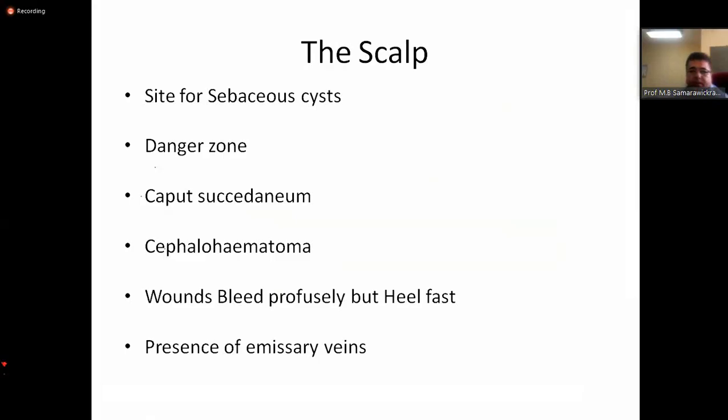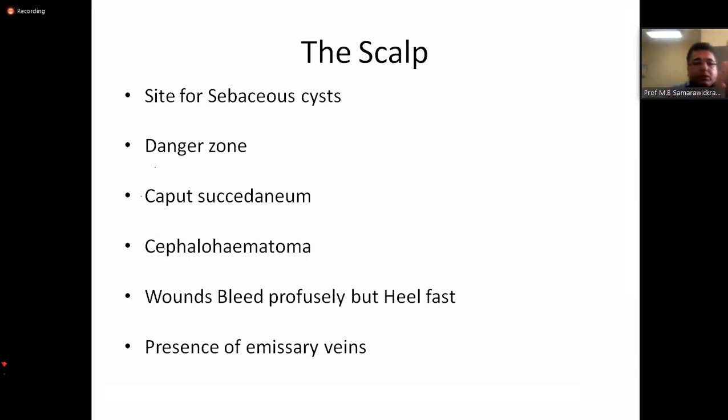Right. Then comes the scalp. You have to know all the layers of the scalp. It is the most common site of sebaceous cysts, and you know what the danger zone is. That is the areolar tissue.